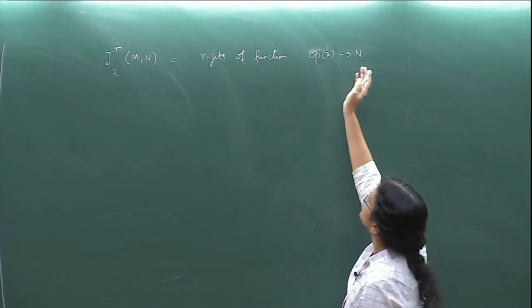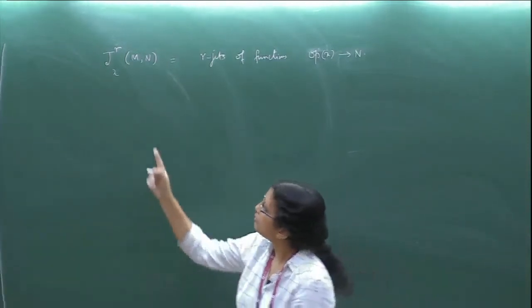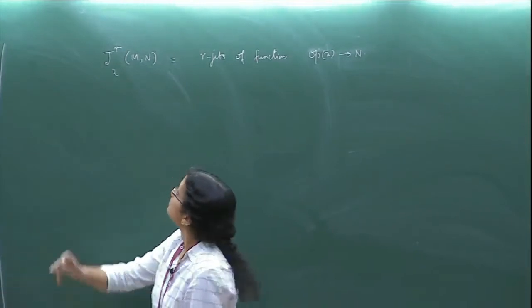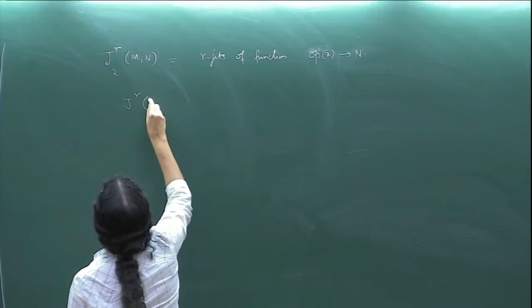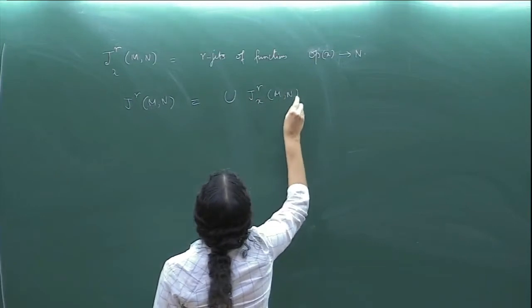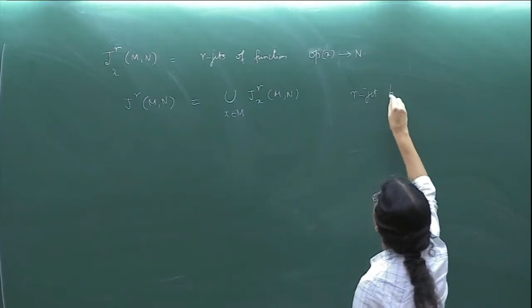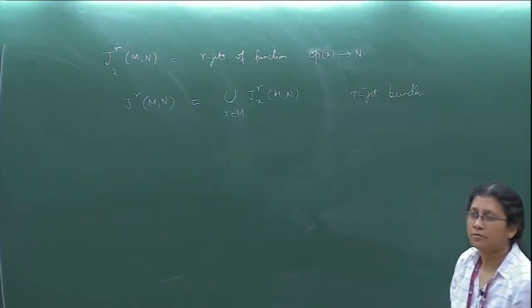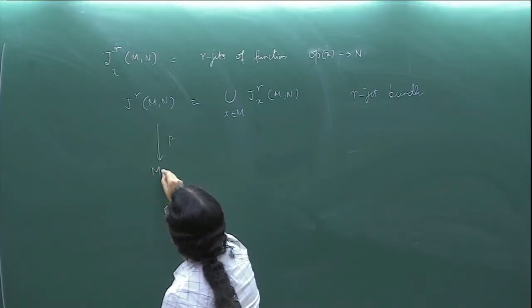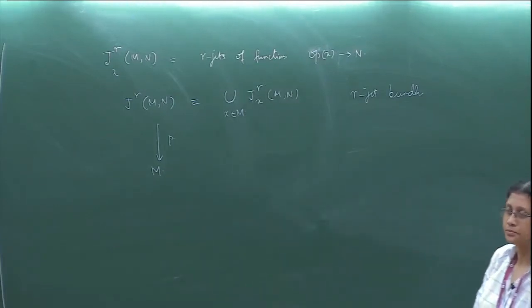So I consider all such local functions, take their r-jets. So this is a space of this. If again r is equal to 1, these are just all possible triples like this. Okay? And then I consider this as the union over M and N. So this is called the r-jet bundle. Why bundle? Because you have a projection map P onto N. So the fiber over some point x is simply this object.